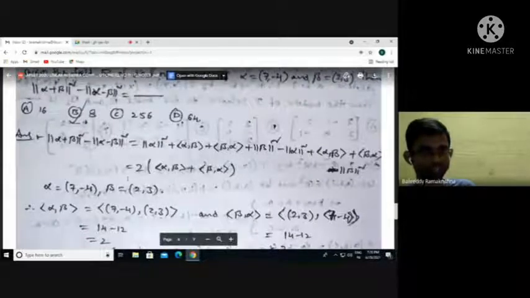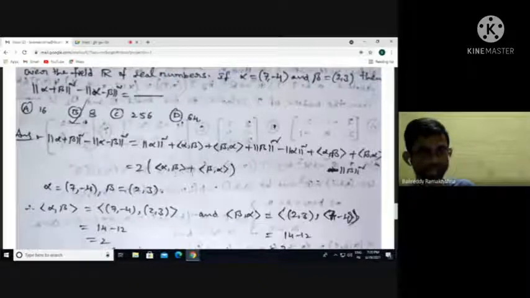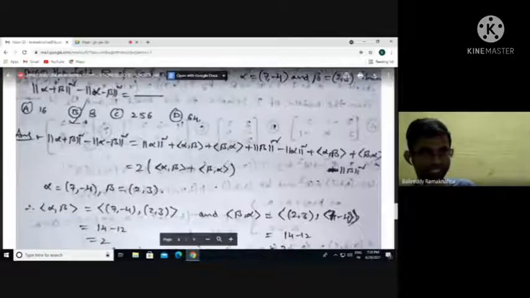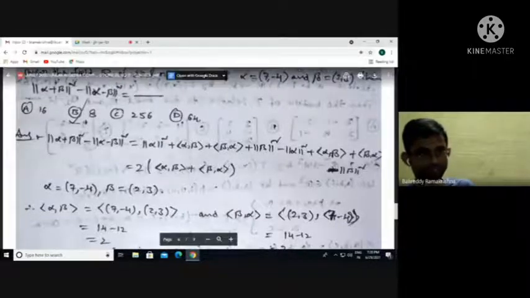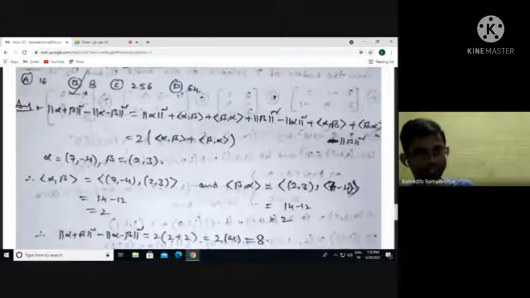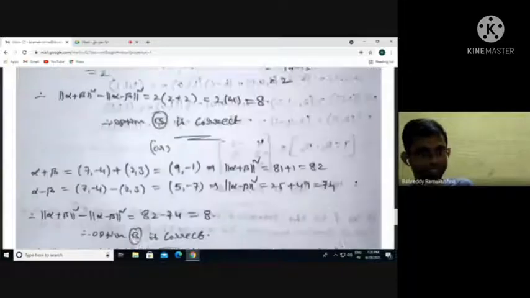On simplification, we get 2 into inner product alpha comma beta plus inner product beta comma alpha. Now substituting the values of inner product alpha beta, we get the value of norm alpha plus beta whole square minus norm alpha minus beta whole square. Okay, that is question number 19.